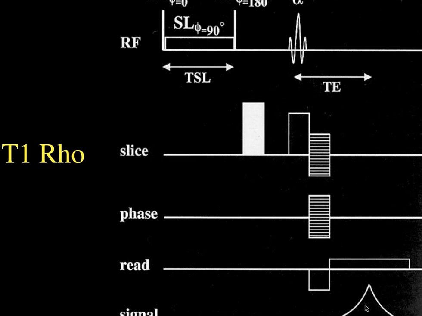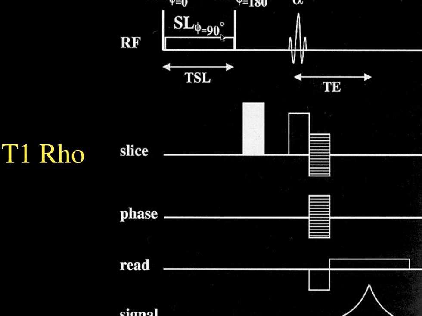Then you put on a stronger pulse, you find the strength of the echo, and so forth. So you do a series of experiments using different strengths of this preparatory pulse.